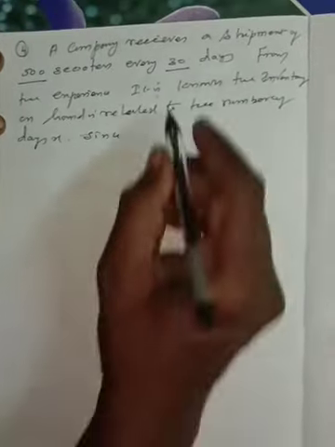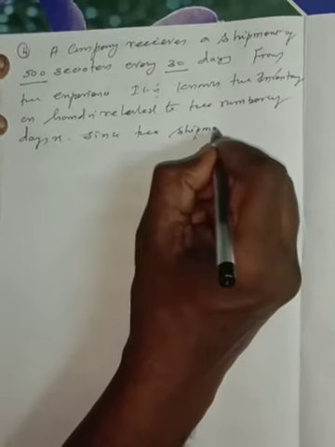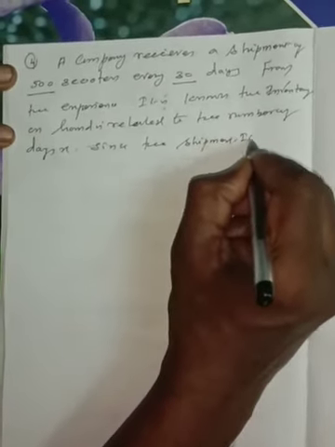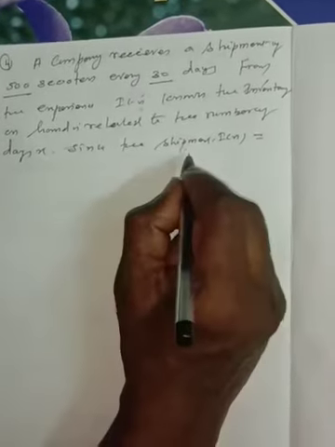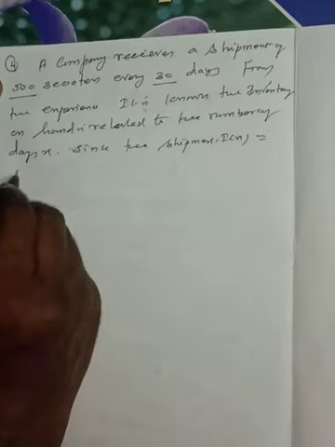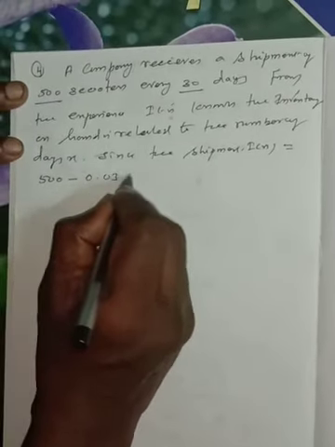Since the shipment, I of x is equal to 500 minus 0.03 x square.